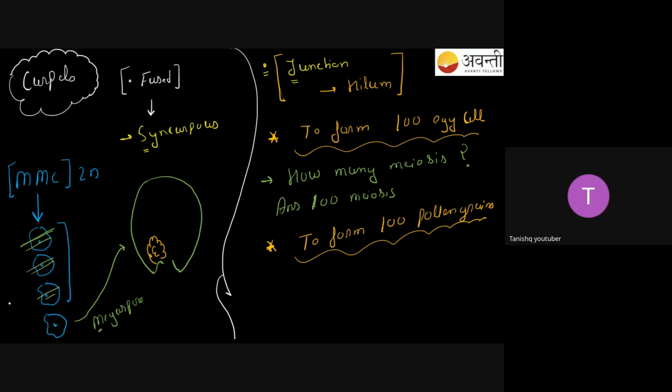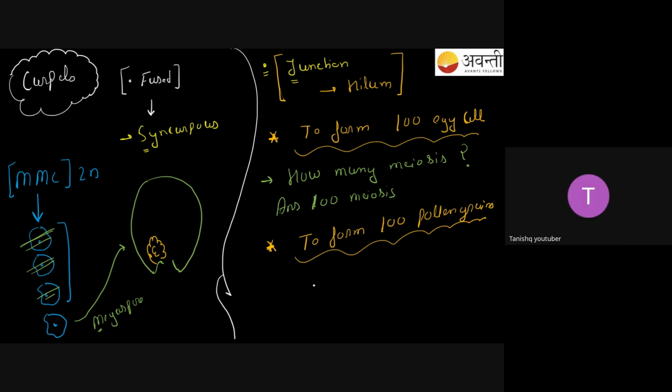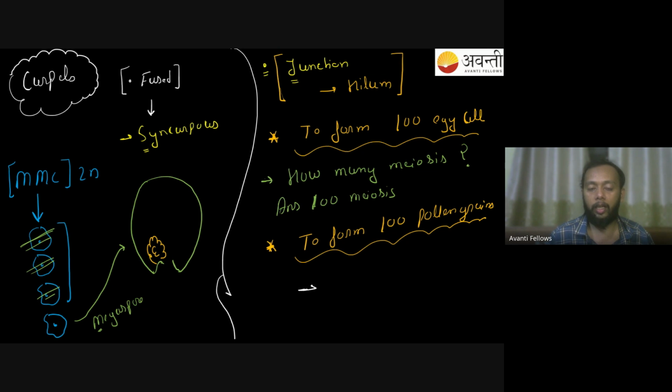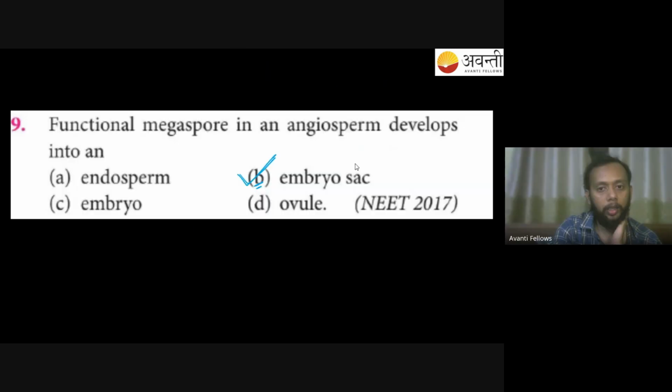So 25. You are telling me 25 times. Tanish is telling us 25 times. Misbah, what do you think? Sir, 25. Shikha, what do you think? Sir, 25 times. Shikha, now you have to explain how that 25 is coming.